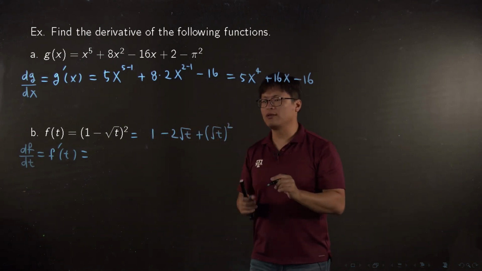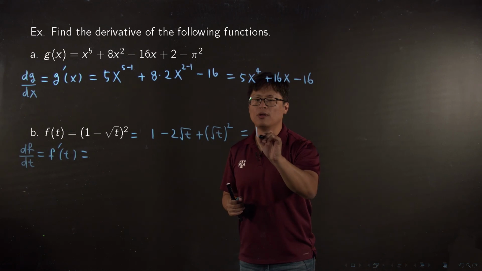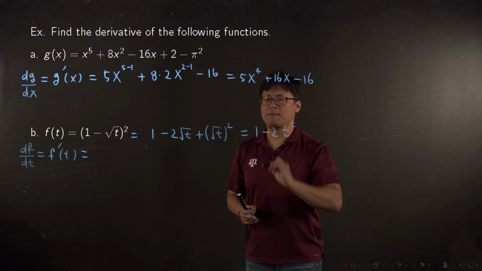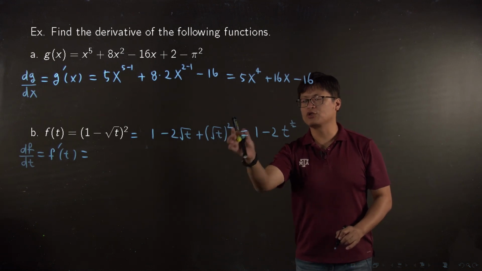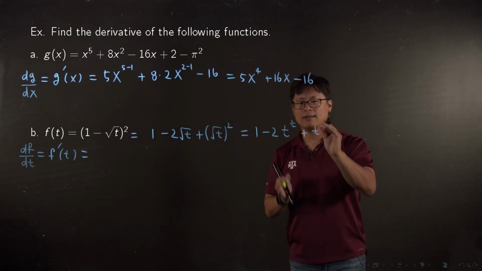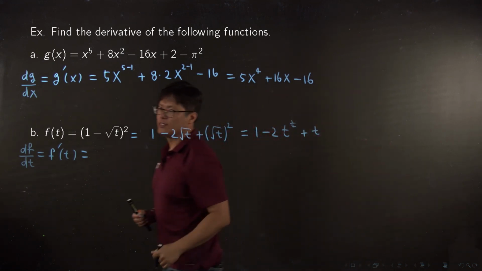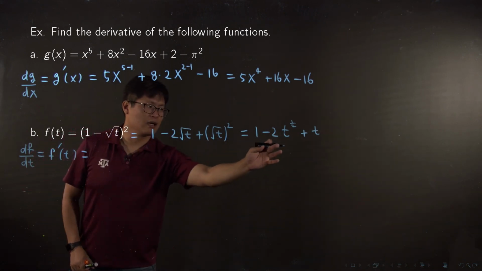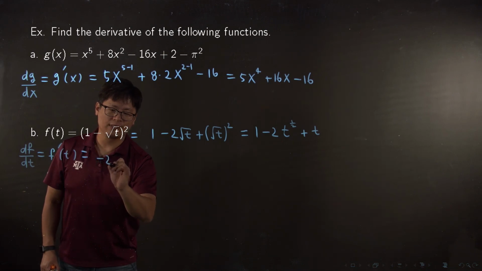Okay, let me try to write this one in power form. It's 1 minus 2, and square root is the 1/2 power, and square root of t squared is t. Now we are ready. Let me come back. What is that prime? 1 prime equals 0, gone. The second part, negative 2 is a coefficient, as I told you, don't do anything.